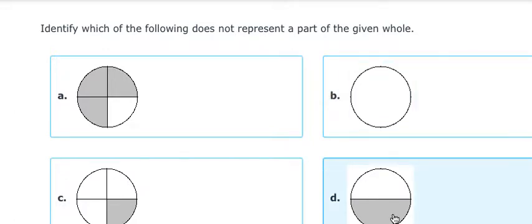Option A represents 3 parts of a whole. Option C represents 1 part of the whole. Option D represents half of the whole. Only B does not represent any part of a whole. B is the complete whole.